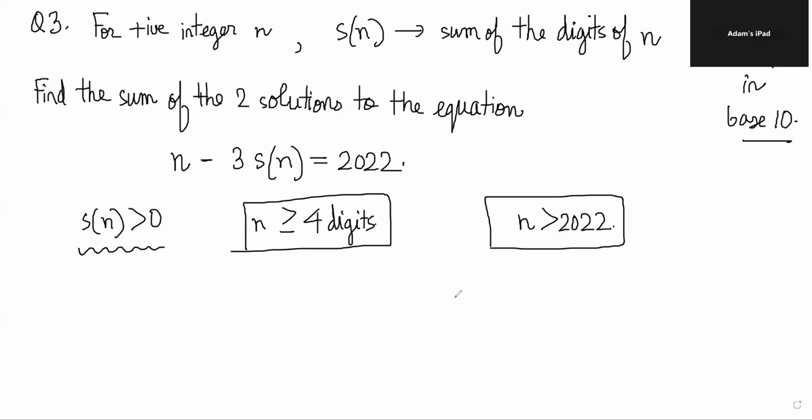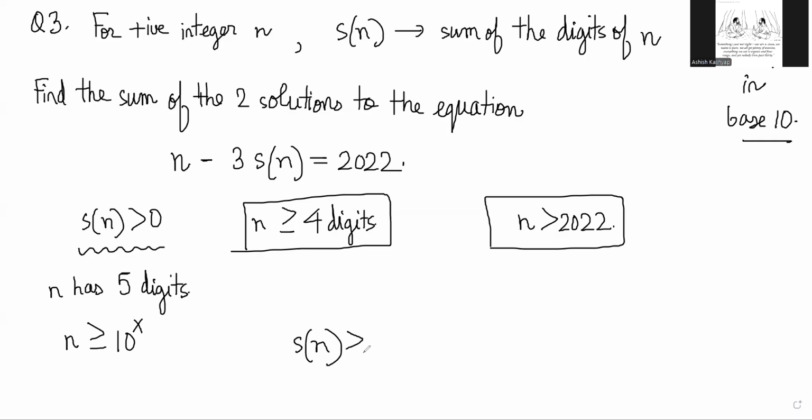When n has 5, so if you look at the cases where n has more than 4 digits, you can say that n is at least 10 to the power of x, and then S of n is at most 10 times x.